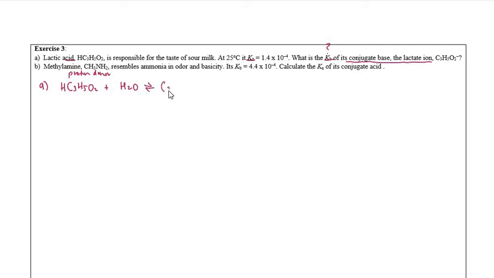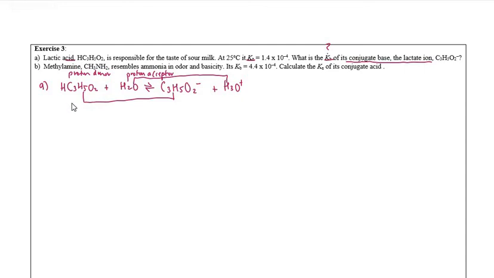It becomes C3H5O2 minus. This is your proton acceptor. It becomes H3O plus. So when we find the partner, this is partnered with this, right? This H2O partners with this H3O plus.